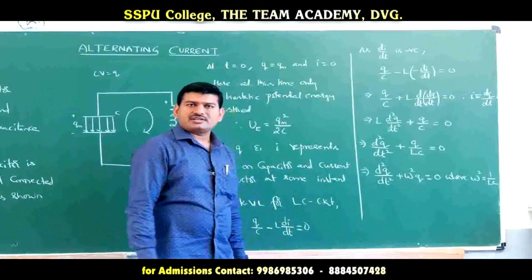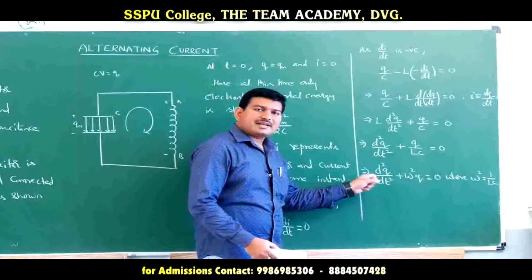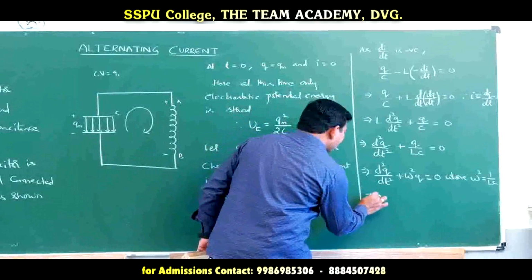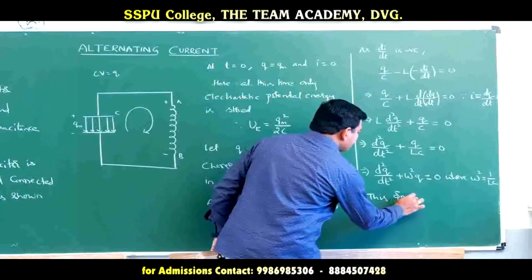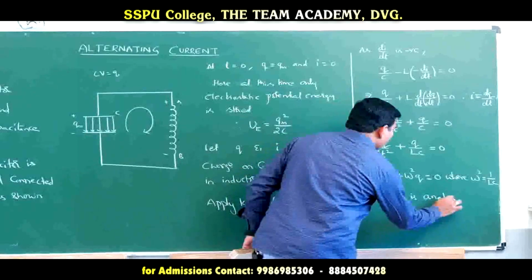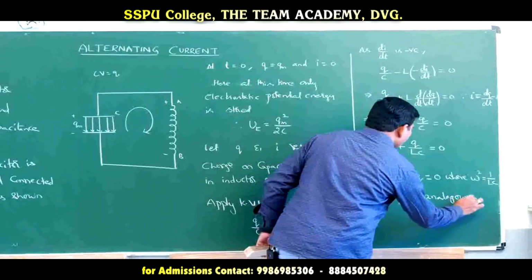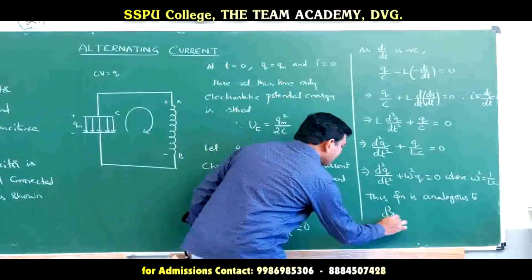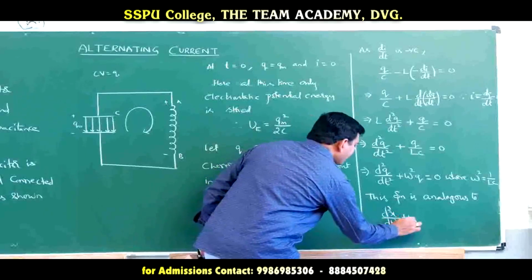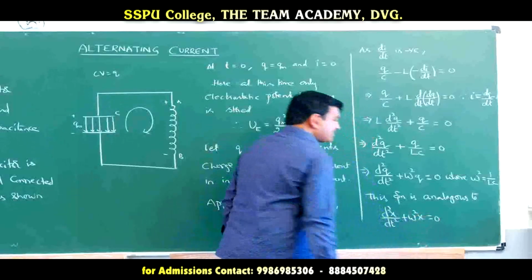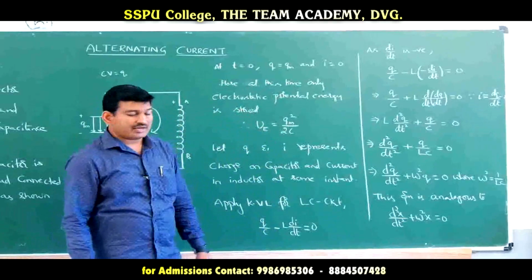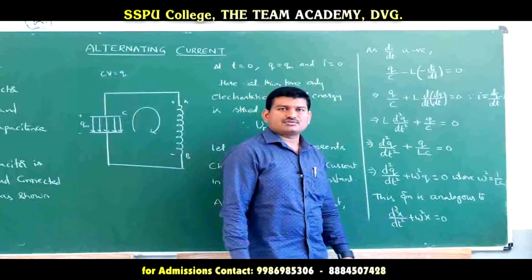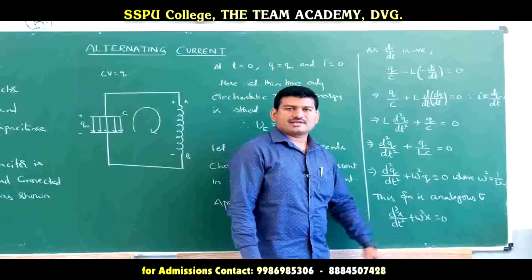If you see this equation, this mathematical equation is similar to that of the simple harmonic oscillator case. So, this equation is analogous to the second order differential equation d square x by dt square plus omega square x is equal to 0, which represents the equation of a simple harmonic motion, where x is the displacement of the particle executing SHM and omega square is equal to k by m, or omega is equal to square root of k by m.